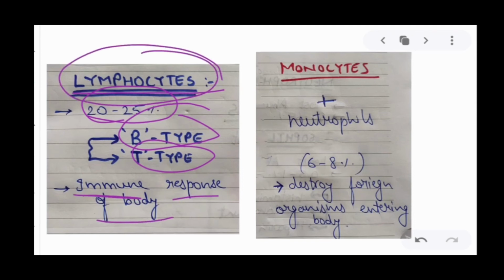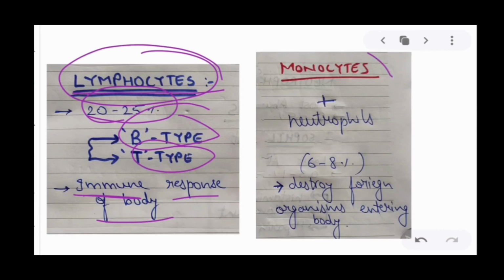So lymphocytes mean resistance or the defense mechanism of the body. They control the whole defense mechanism. That is why they come under the white blood cells, because whenever any pathogen or any virus invades, they are the first to act. They release some lymphocytes, of B or T type, I think so, but we will be discussing this in the coming videos, so don't worry about that.